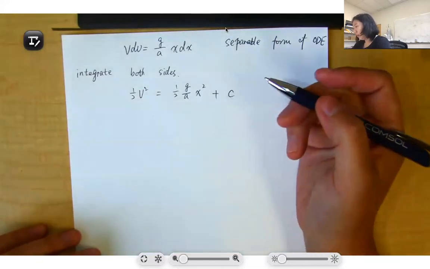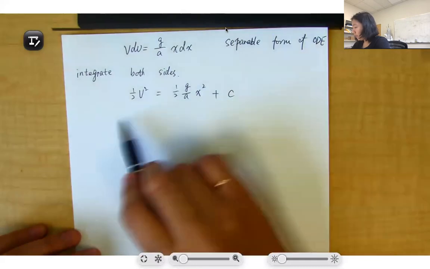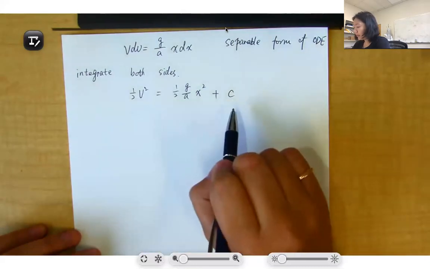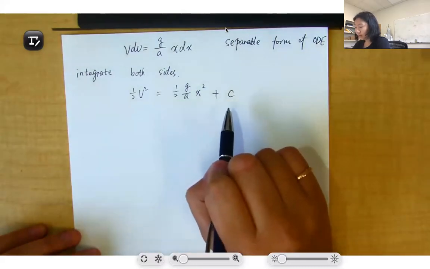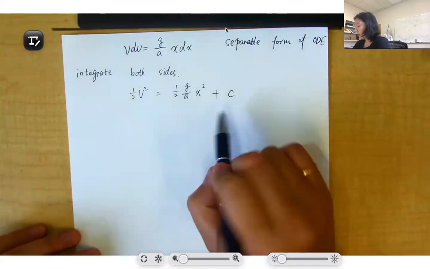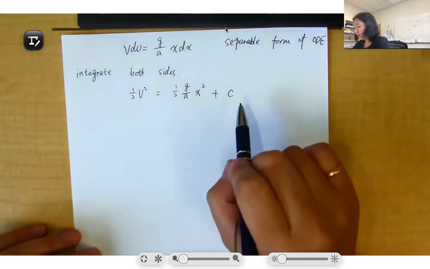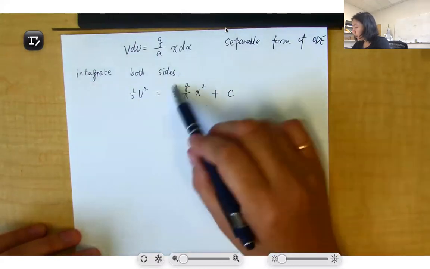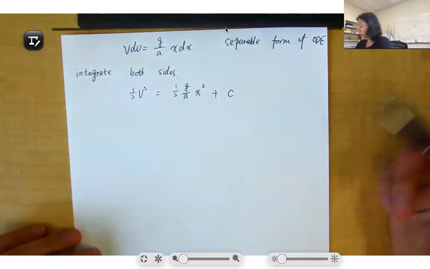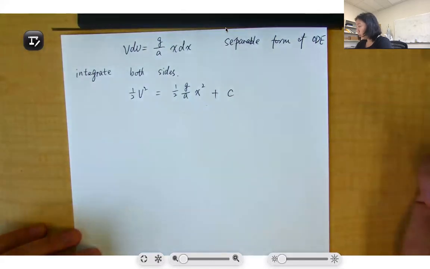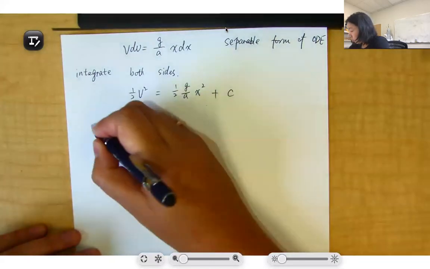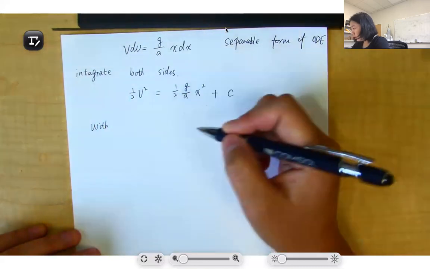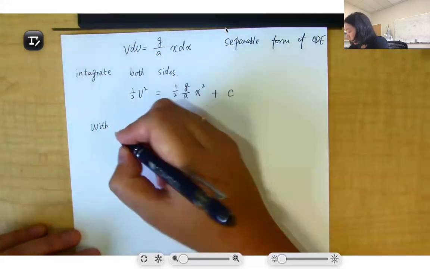Then we got these explicit solutions. Explicit means that the functions will be written in terms of the independent variables. And with the initial conditions, we can solve it more explicitly.